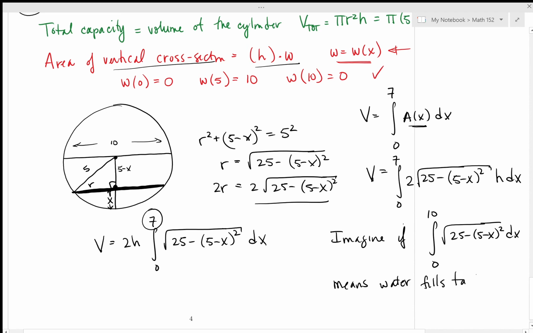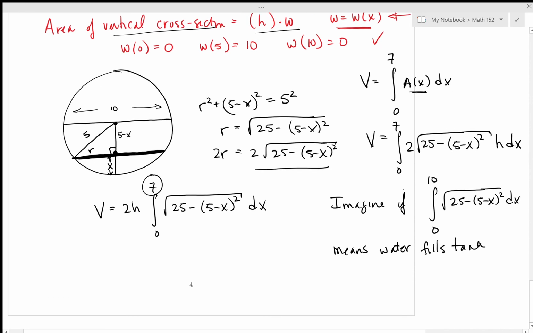We already know what the total capacity is. So if I were to do this integral, I would expect to get 25 pi times h. I already computed the complete capacity of the tank. So when I go to compute this integral from 0 to 7, and I wonder if I have got this set up correctly, I can compute it from 0 to 10 and see that I would get this expected result. Always good to have something to help you check your work.